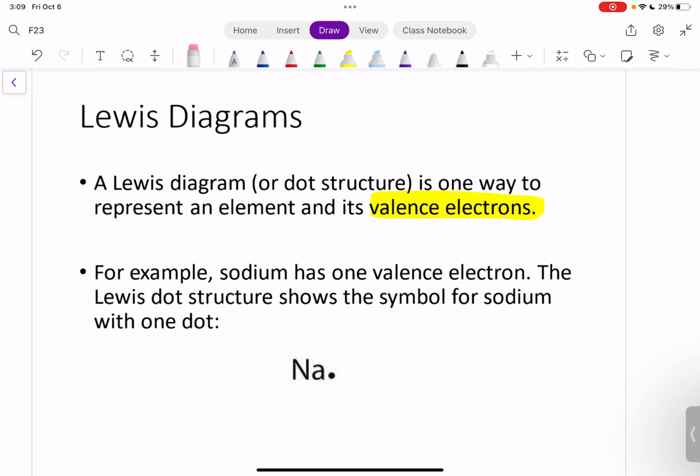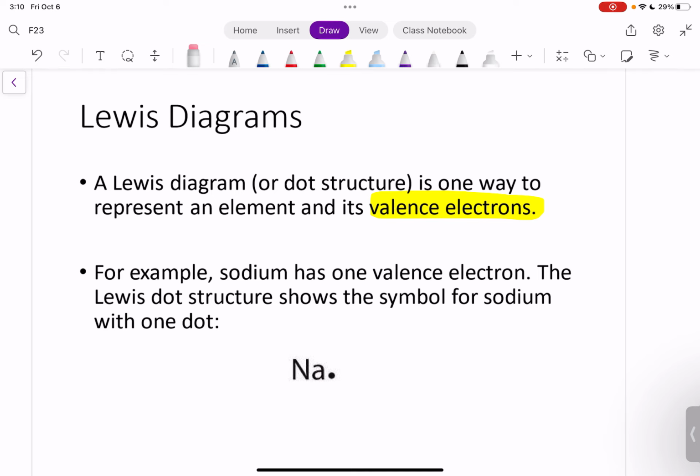Its atomic number is 11, so it's got 11 protons, which means in a neutral sodium atom, sodium has 11 electrons. If it hasn't gained or lost any electrons, it should have the same number of protons as electrons, same number of positives as negatives.